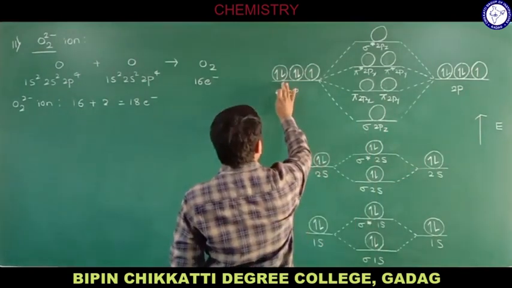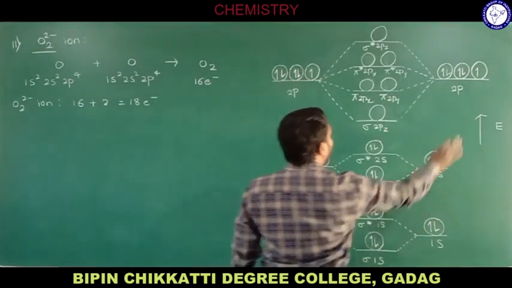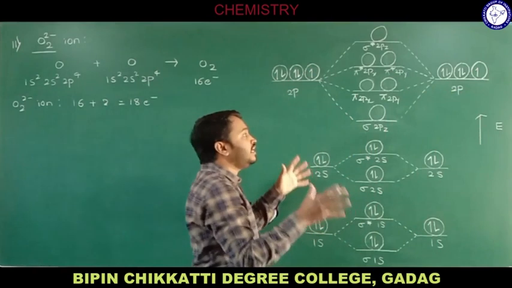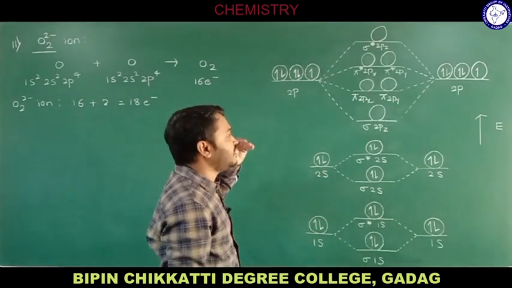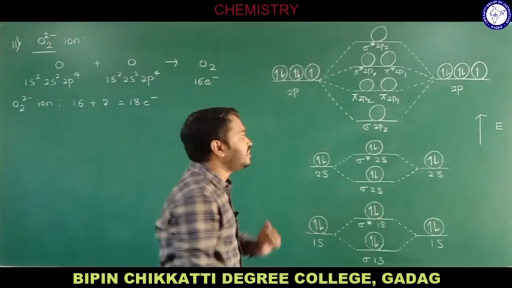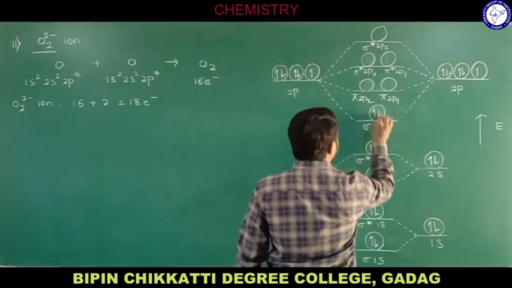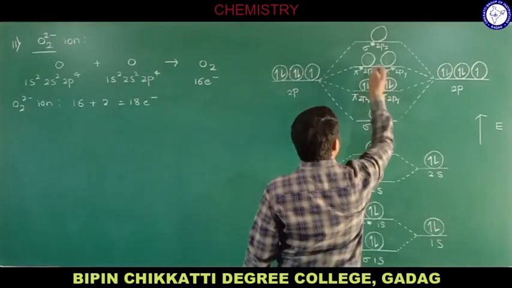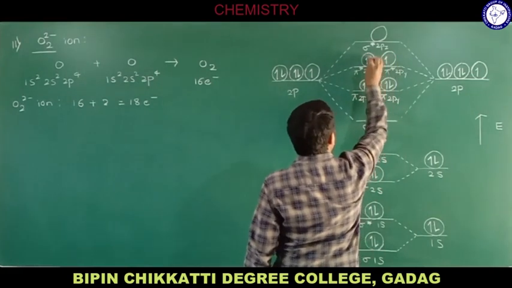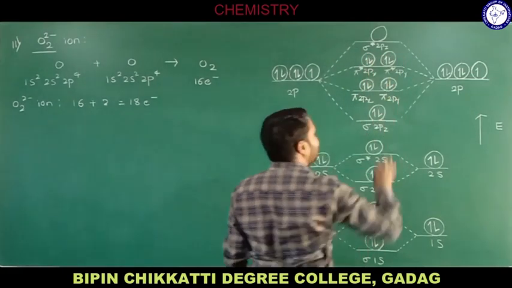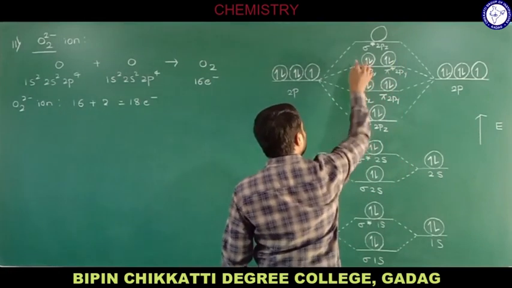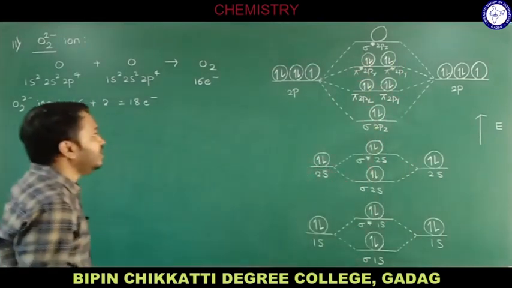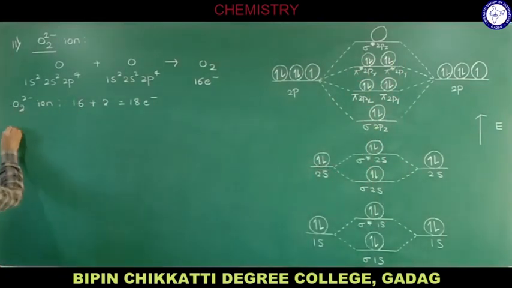Totally 5 electrons here and 5 electrons here, so 10 electrons have to be distributed in the 2p section. I filled 10 electrons, and in these two cases, Hund's rule I followed. That would be the energy level diagram of O2 2 minus.